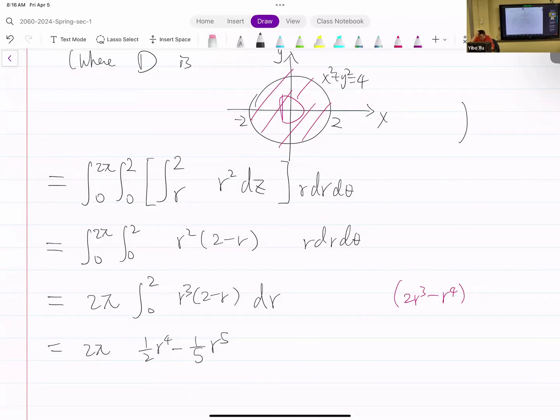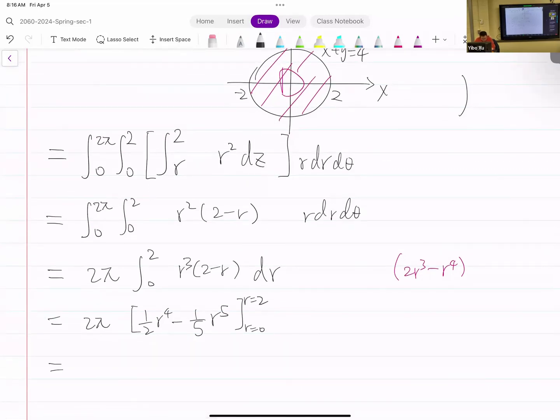And whenever you write down the antiderivative, always differentiate and check. So it's going to be 1/2 times 4 times r cubed minus 1/5 times 5 times r to the 4. That's good. So we plug in r equal to 0 and r equal to 2.